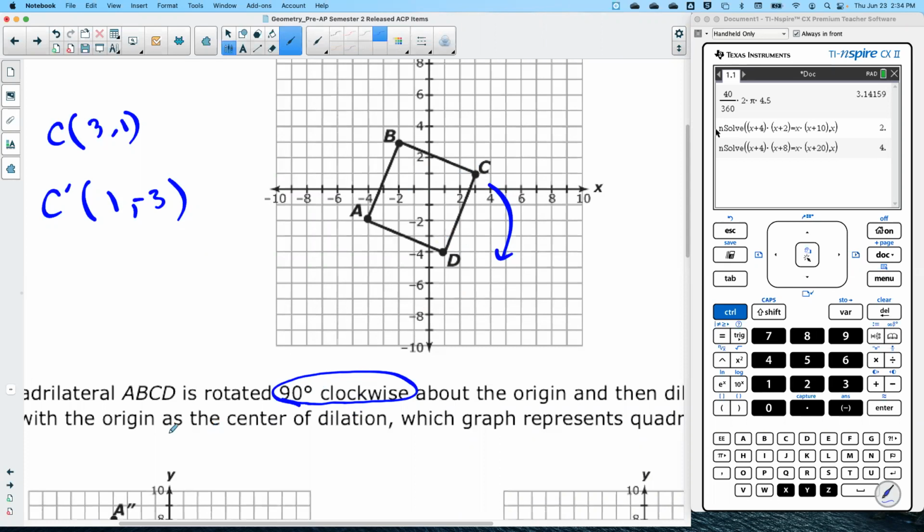Now it says it's been dilated by a scale factor of 2, so we've got to multiply this by 2. So C prime, what's 1 times 2? And -3 times 2.